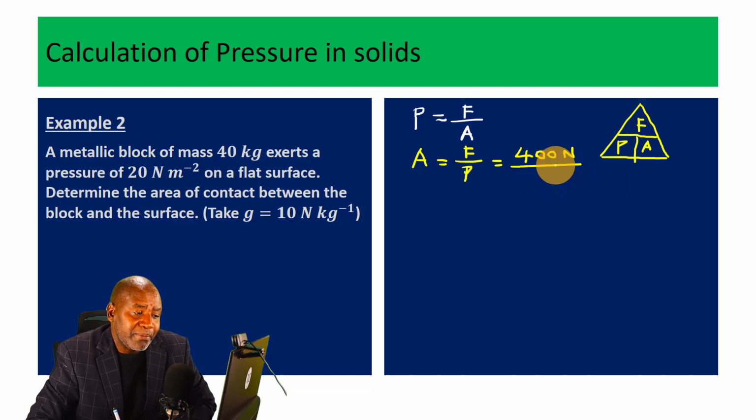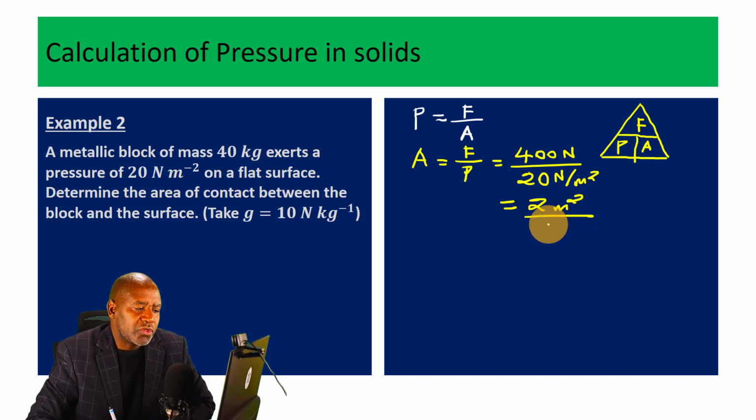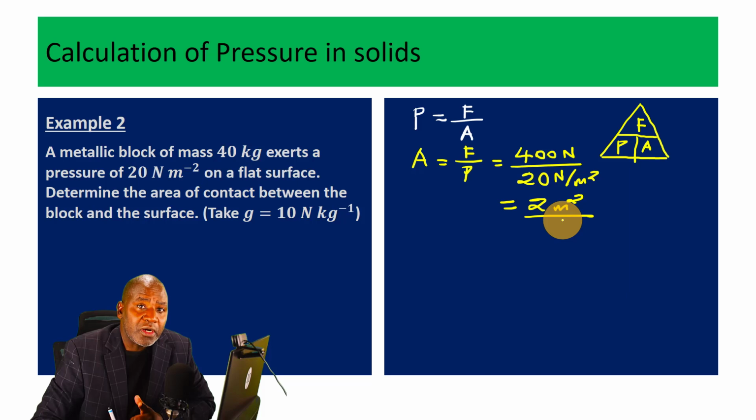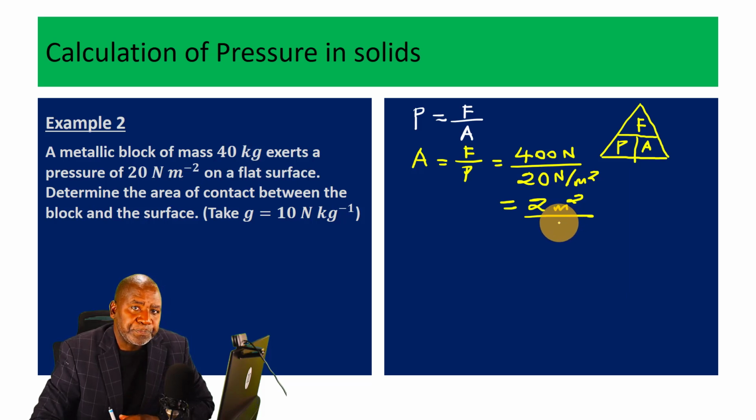I've multiplied the mass by the value of the gravitational field strength, as we did in the previous example. The pressure here is 20 newtons per meters squared. And definitely you will see that the area of contact is 2 meters squared. So this is the area of contact between this block and the floor.